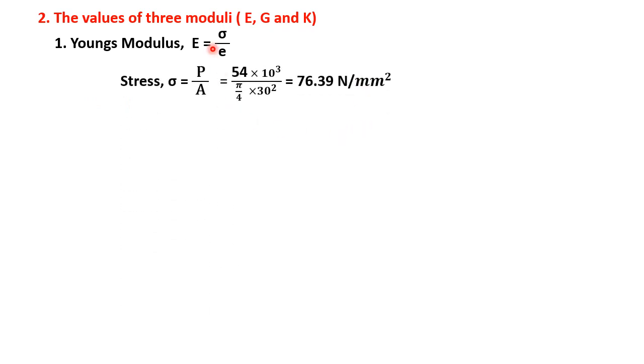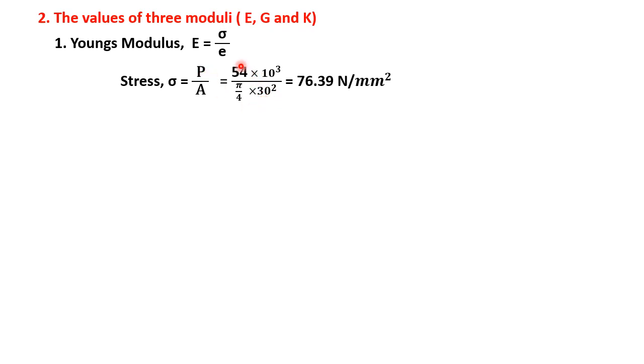So here we need to find the value for stress. Stress formula is nothing but P by A. P is nothing but the load applied on that particular bar, and A is the cross-sectional area of the bar. Cross-sectional area of the bar can be determined by this formula, that is pi by 4 into D square. D was 30.